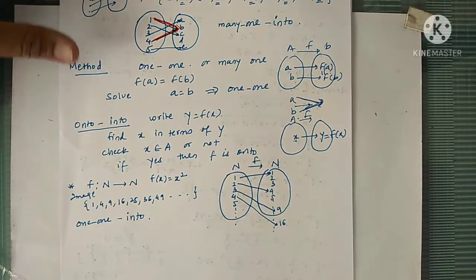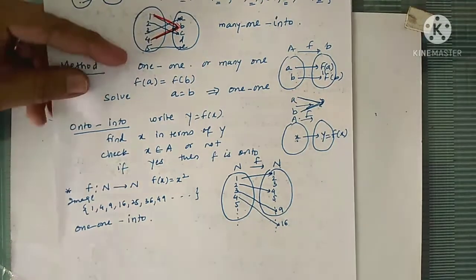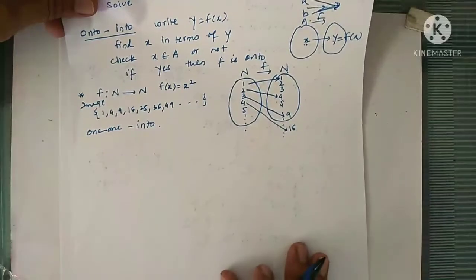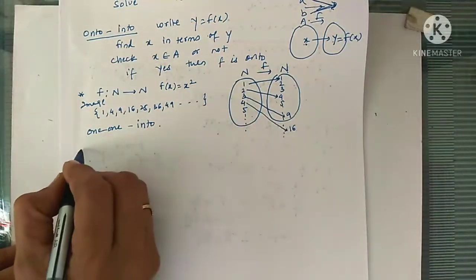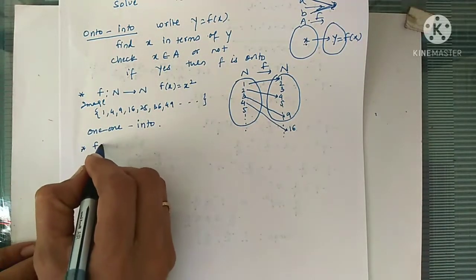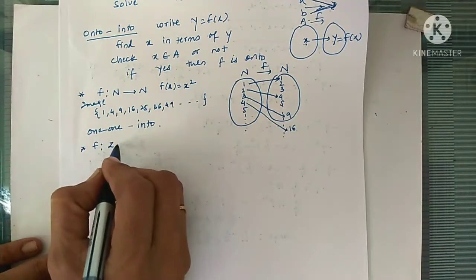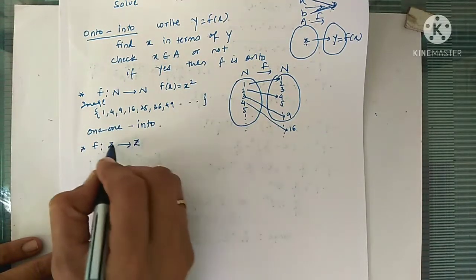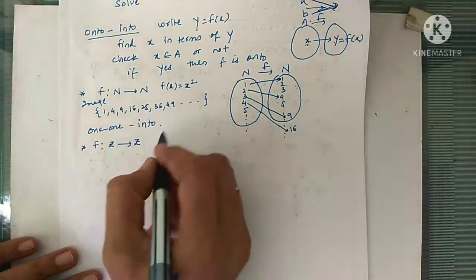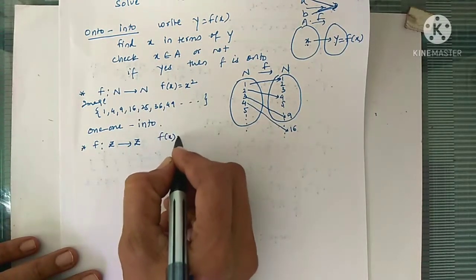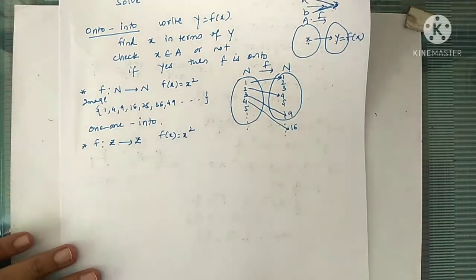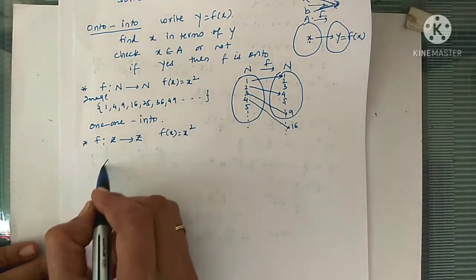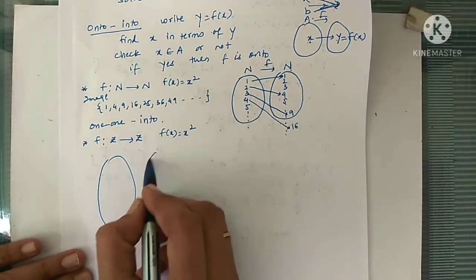Okay. Now let's check the same function but for Z to Z. That means the function is given. See, now the domain and codomain we are changing. Z to Z means it is the set of integers now. The function remains as it is, f(x) equal to x square. Now what is Z? Let's write some elements here.